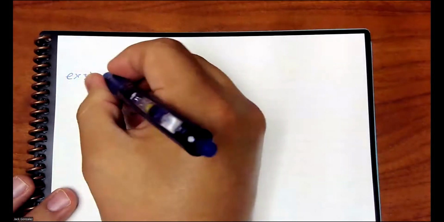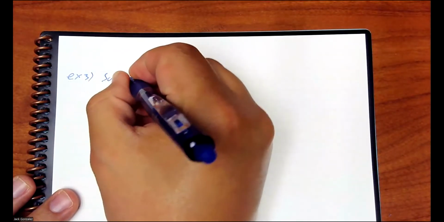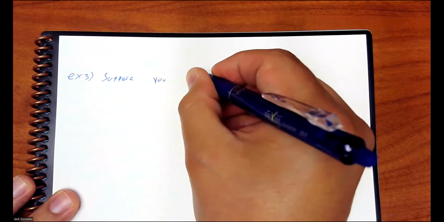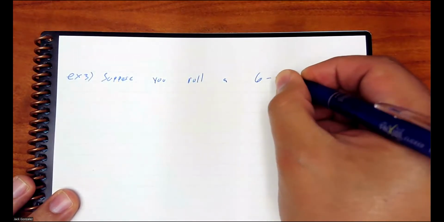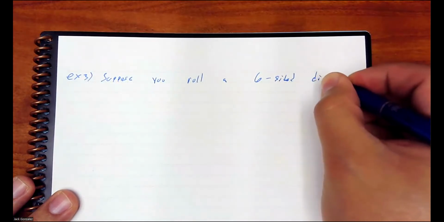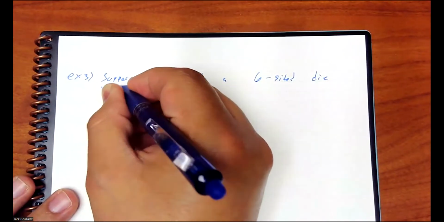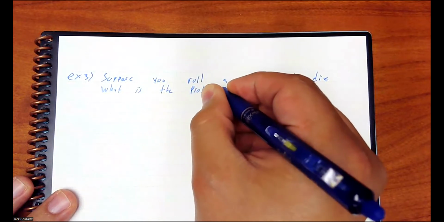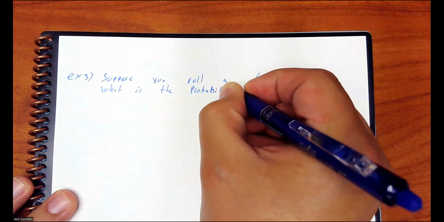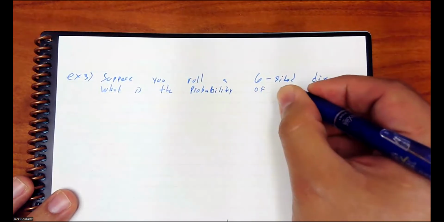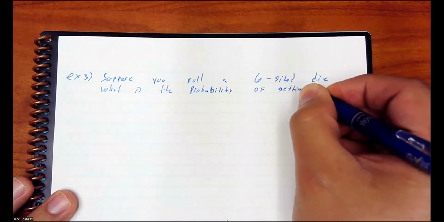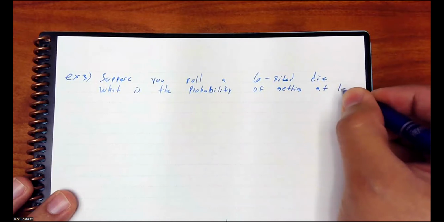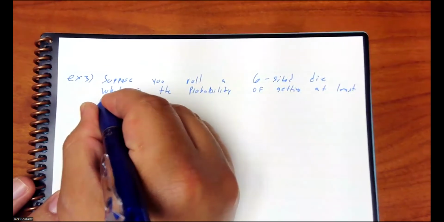Example 3. Suppose you roll a 6-sided die. What is the probability of getting at least 4?